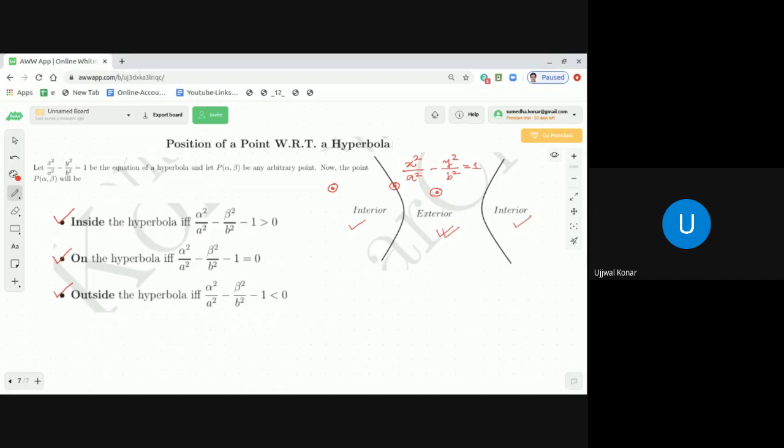I hope it is clear, dear students, how we can decide the position of a point with respect to the hyperbola simply by computing that algebraic expression and deciding whether it is greater than 0, equal to 0, or less than 0.